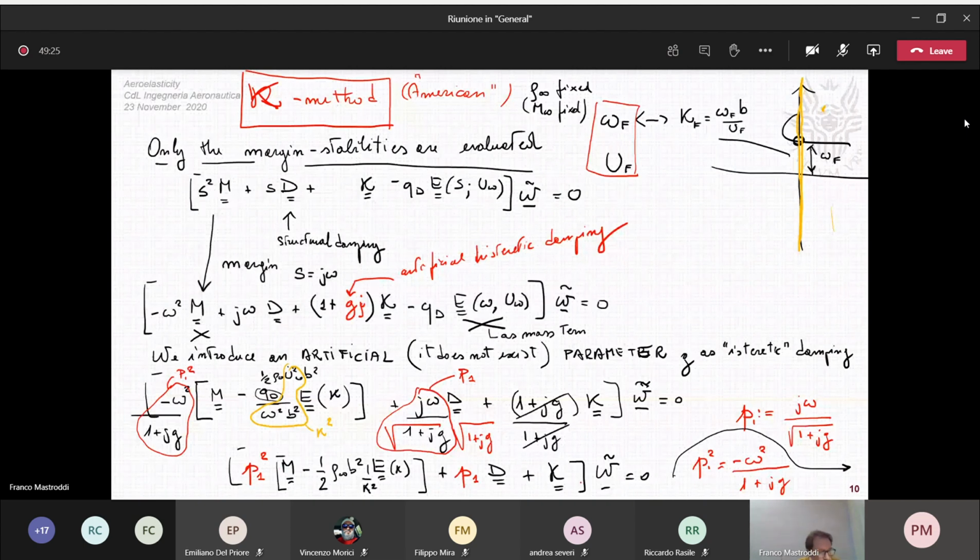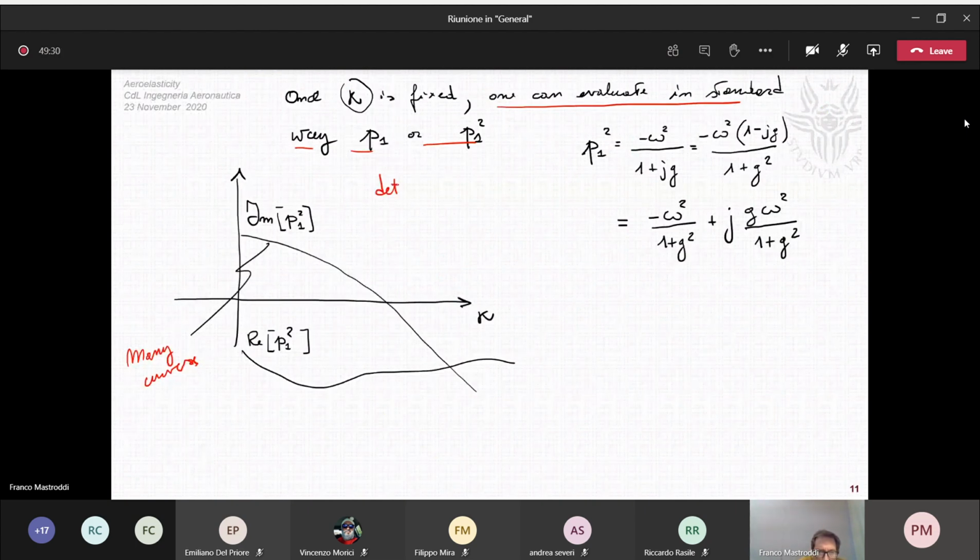Let me rewrite this, just to be clear. This is the equation to be developed: the determinant of P1 square times the mass matrix plus 1/2 rho B square E(k) divided by k square, plus the stiffness term, equal to 0.